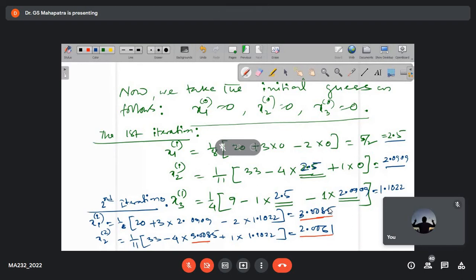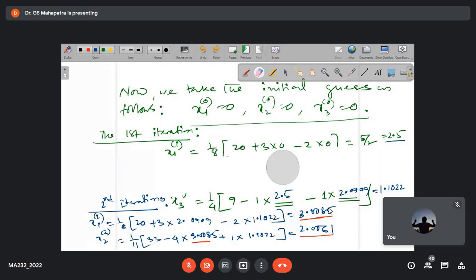Fine, very good. Now x23, I will write here, and the color is different, so it will be fine. x32 is 1 by 4, 9 minus 1 into x1, correct. Now x1 means this one, that red underline one, 3.0085, not this one.